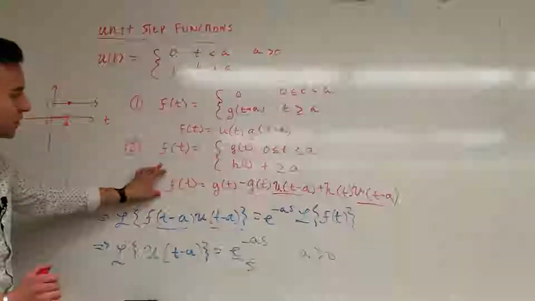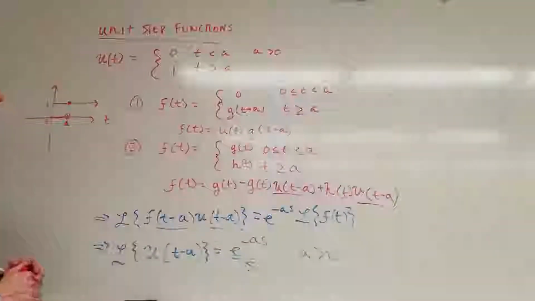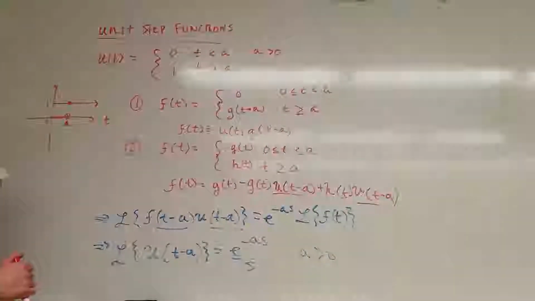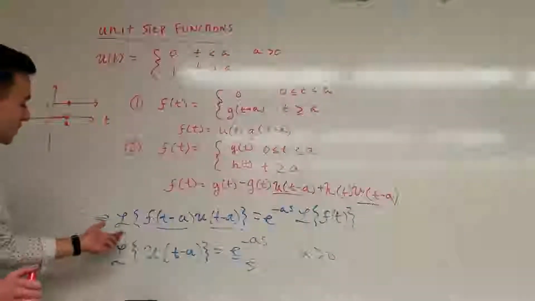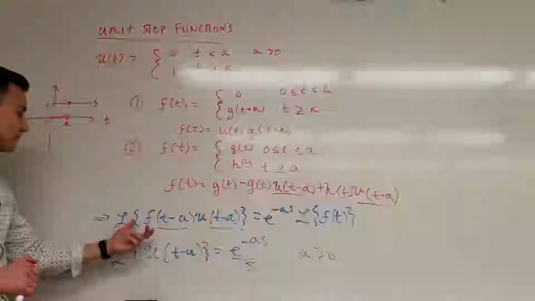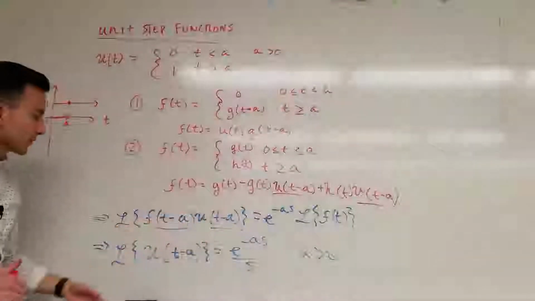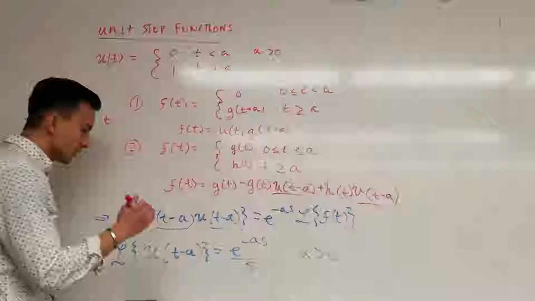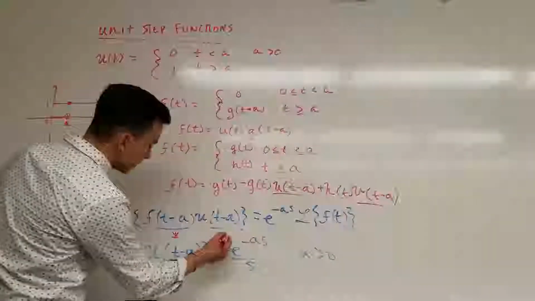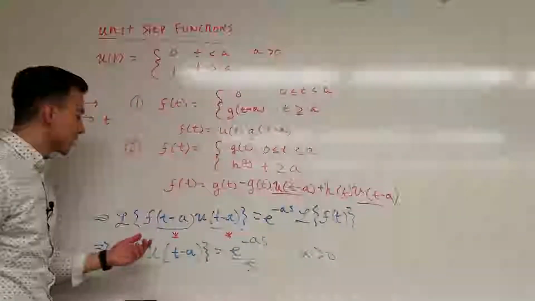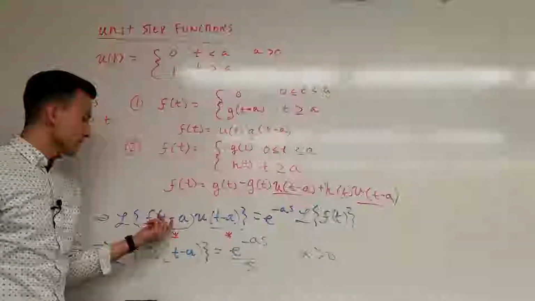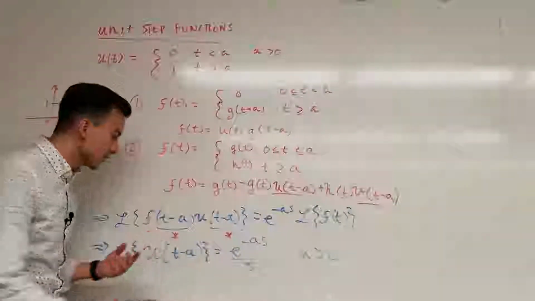So this is one of the equations that you have to be familiar with. Okay, so if we Laplace a function with its unit step, what we do need to consider is, does the argument of this function and the unit step match?